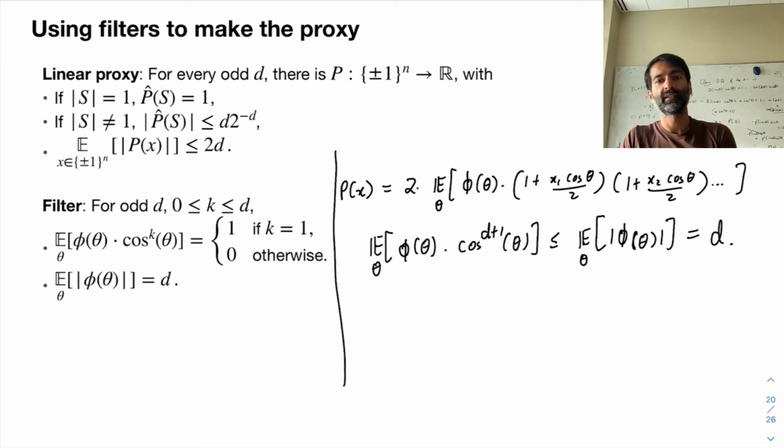And that means if you look at the Fourier coefficients that correspond to monomials of degree larger than d, then all such monomials have a 2 to the minus d minus 1 factor coming from these terms.